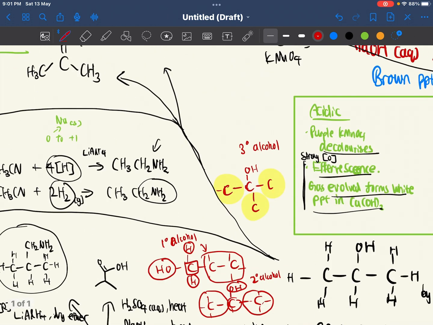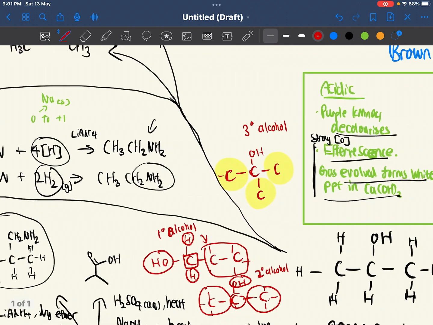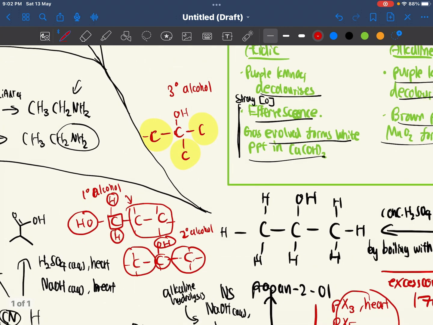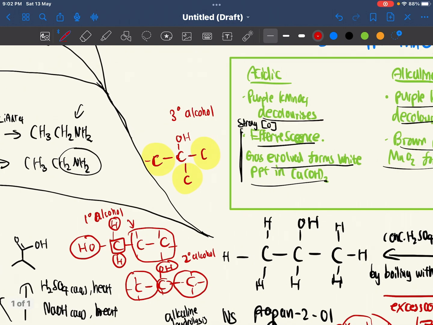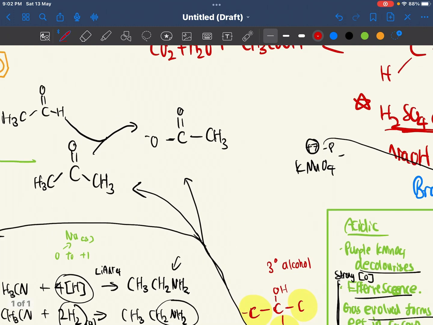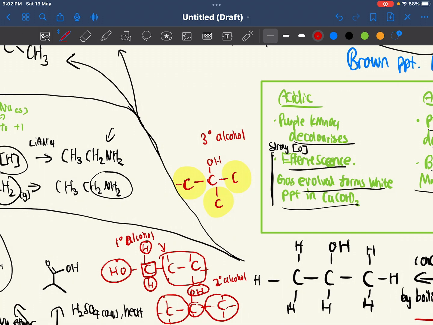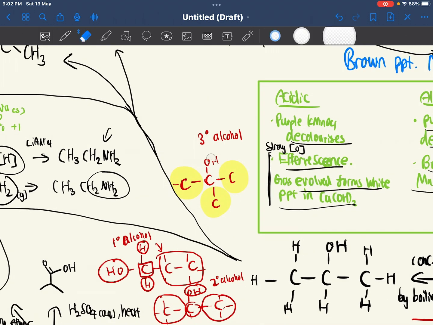Now, an alcohol can be converted to a carbonyl compound. I'm going to talk to you about what kind of alcohol can undergo this oxidation reaction. For this reaction, only secondary alcohol and primary alcohol can be oxidized to form carbonyl compounds. If we think about whether it's possible for a tertiary alcohol to become a carbonyl compound, you realize that this carbon has ended up with 5 bonds, which is not possible.